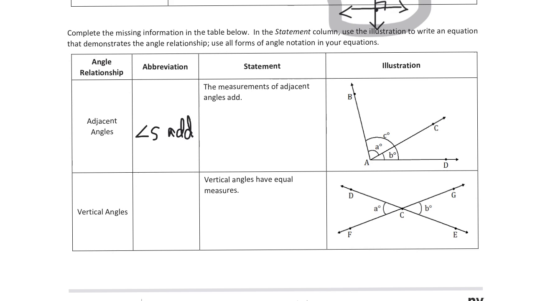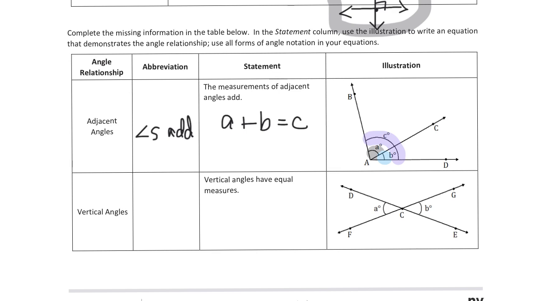If you look at the picture, angle A plus angle B is equal to angle C. So angle A and angle B combine to make angle C, because angles A and B share a ray.